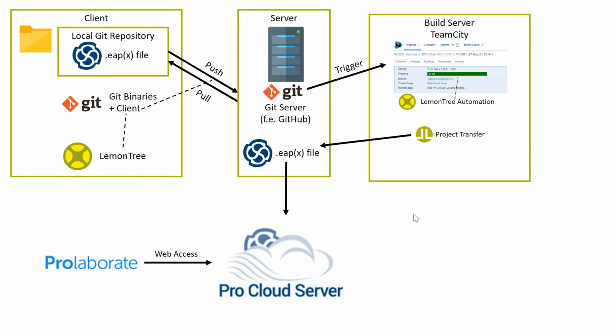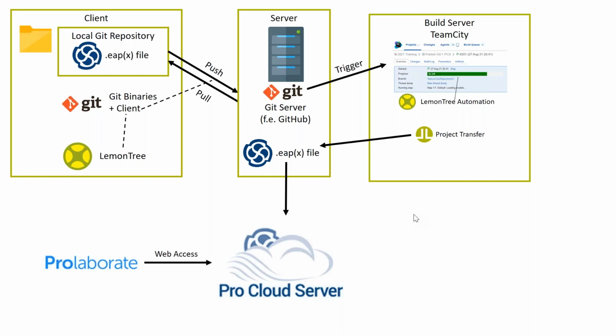If you look at the architecture or at the components involved, for one, there's a local Git repository on the client computer. The other component is a Git server. In our example, we use a public GitHub hosted in the cloud, but it can be something else. You could also use Subversion, or we have customers using PTC Lifecycle Manager for it.